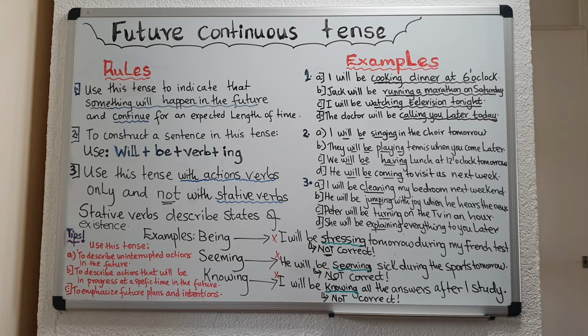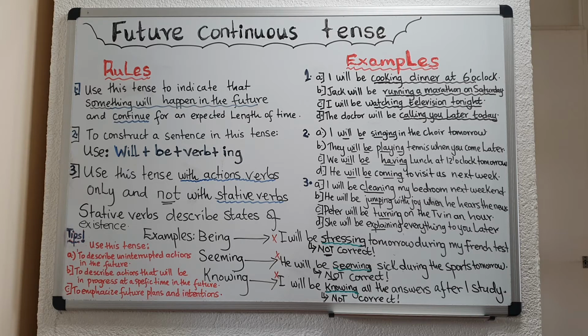What are you planning to do tonight? What are you planning to do on Saturday? Now, to explain what you will be doing at a given time in the future, you use the future continuous tense.